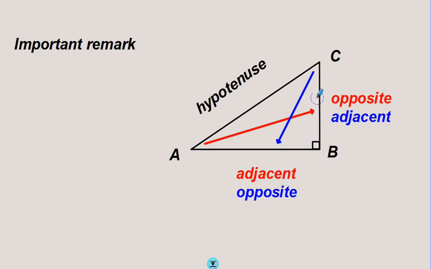However, if you're considering the angle C, then this side AB is called the opposite, and this side BC is the adjacent. In all cases, AC is the hypotenuse, and that is the longest side in the right angle triangle.